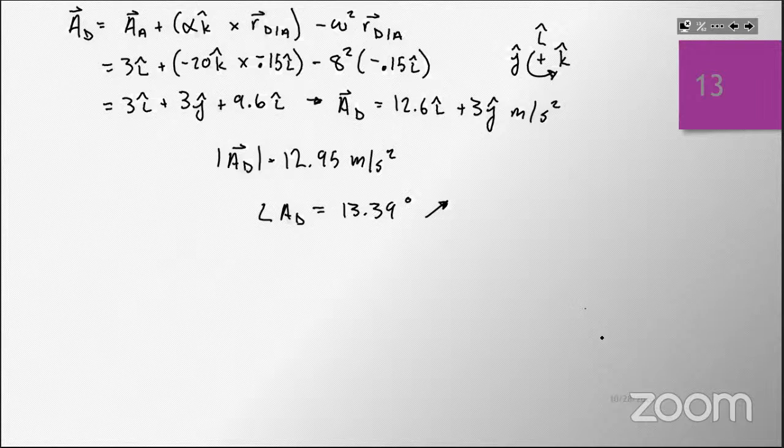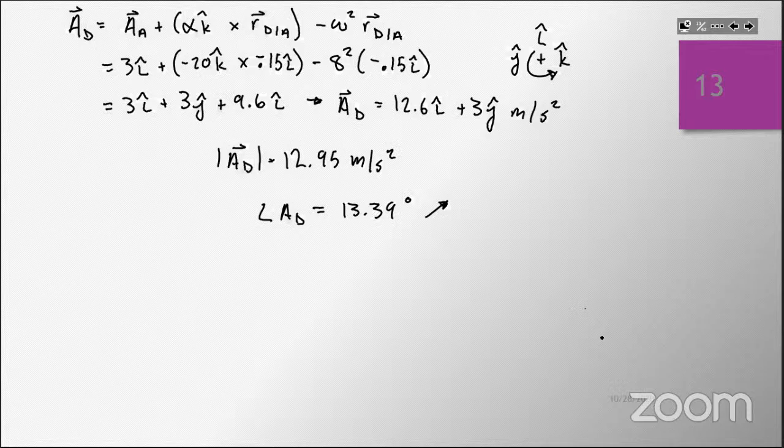Again, these problems are going to be longer. We're going to start getting a little bit longer. There's a lot of stuff we could do on a quiz or an exam, right? If you left it as the vector, like 12.6 I plus 3J meters per second squared, that is fine.